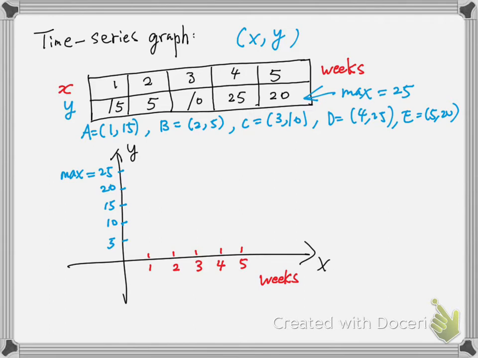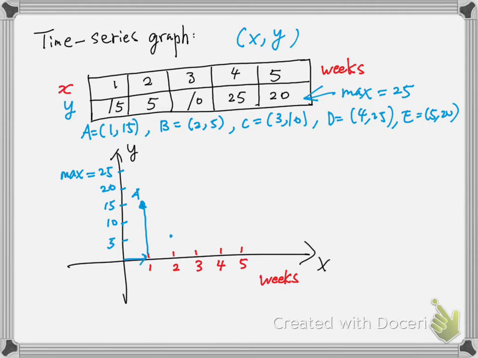Sometimes we have negative numbers, but in most cases in Math 23 we only deal with positive numbers. So let's look at point A, (1, 15). We go to number 1, and then we go up 15. This is point A. B is (2, 5), so B is much lower.